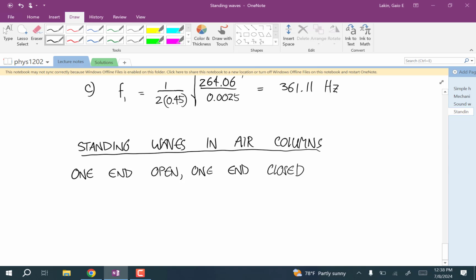And the way we're going to analyze this, it's very similar analysis to a standing wave on a string, except this time, there are a few differences about what happens, how the wave is reflected, things like that. And now this is oscillations of air molecules. And so these are longitudinal waves we're talking about, not transverse waves.